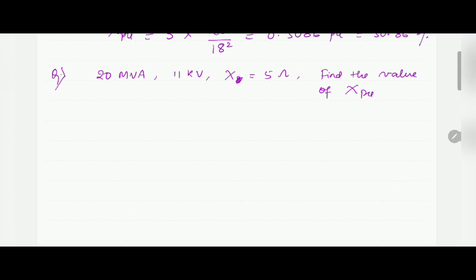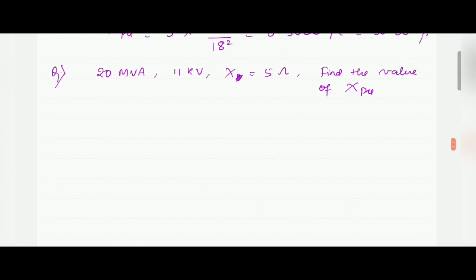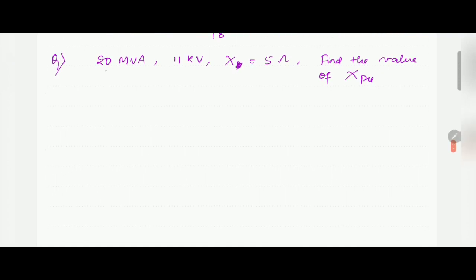In this question we have not been provided the details about the base voltages and base MVA. So we will have to consider the nameplate rating of the generator as base MVA and base kV.